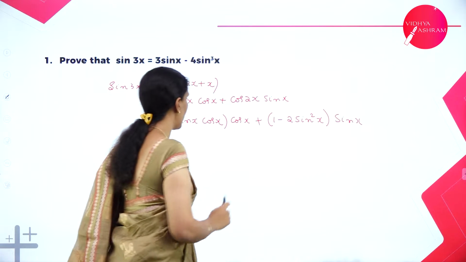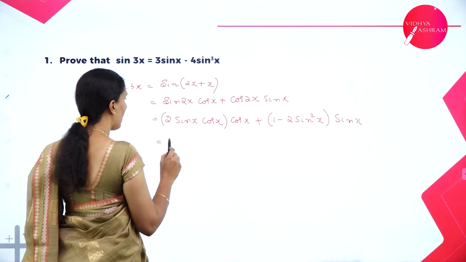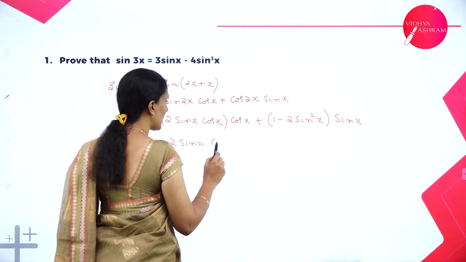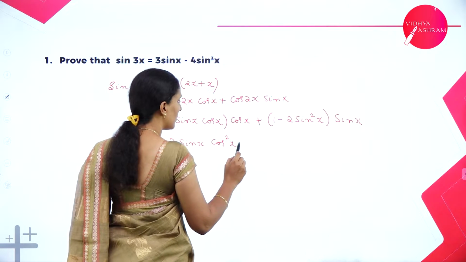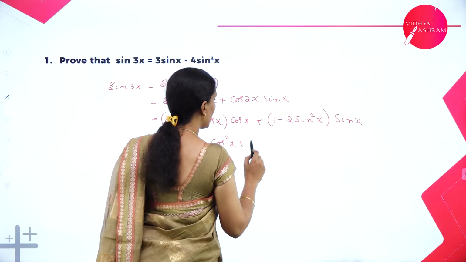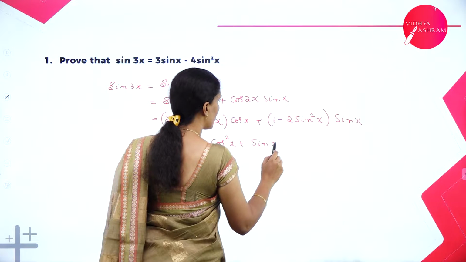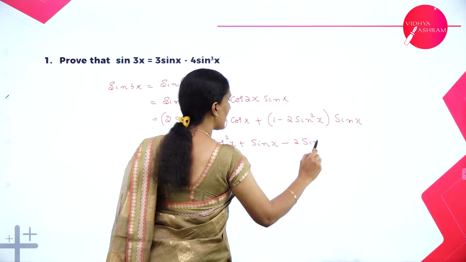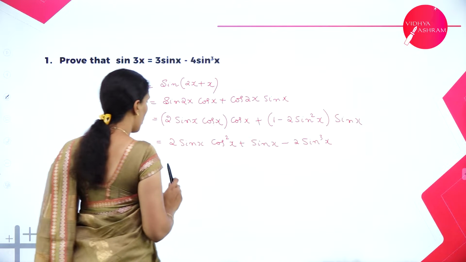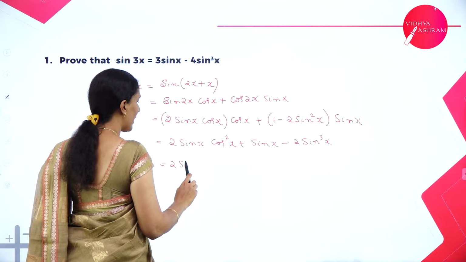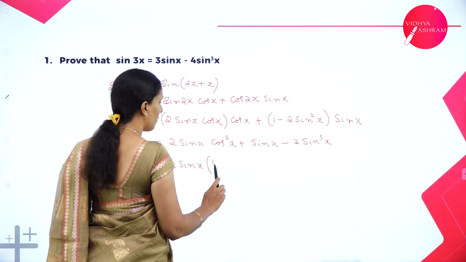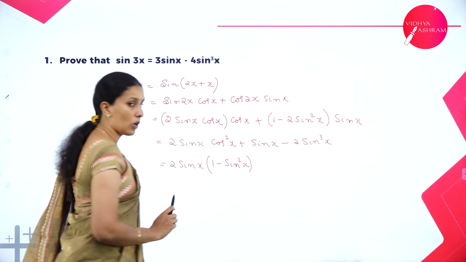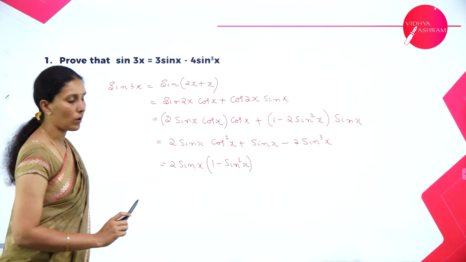and outside we have here sin x. Now multiply, we have here 2 sin x cos x into cos x becomes cos square x, 1 into sin x becomes sin x, minus 2 sin square into sin becomes sin cube x. Now here cos square x can be written as 1 minus sin square x, using the identity cos square plus sin square is equal to 1.